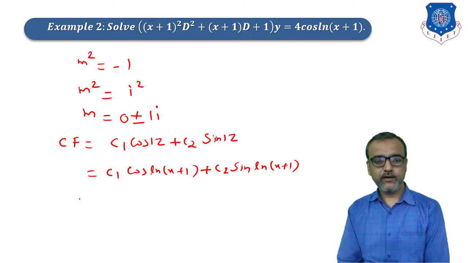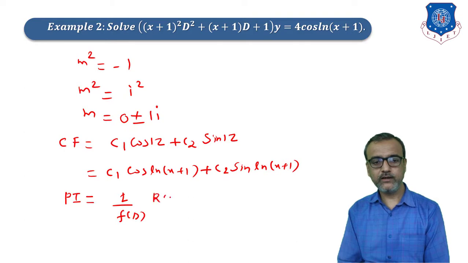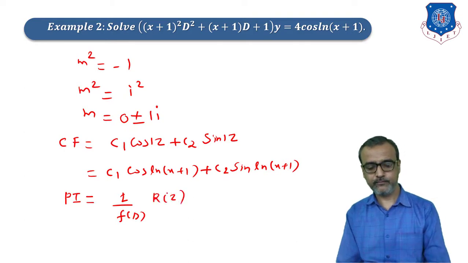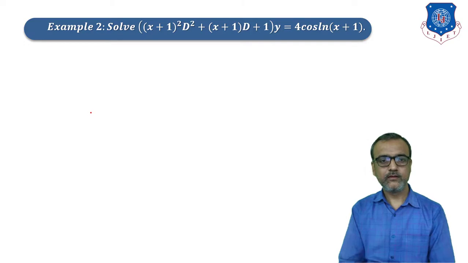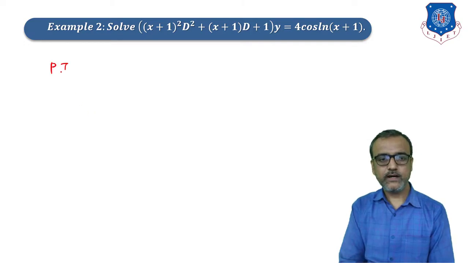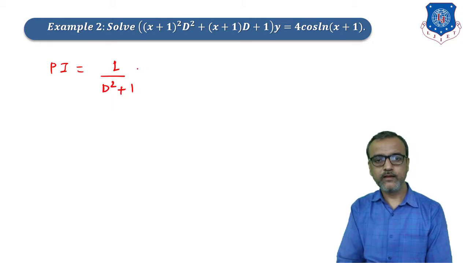Now we will find out PI. PI equals 1 upon f of d, r of z. So PI equals 1 upon f of d, which is d square plus 1, and r of z is 4 cosine of z.